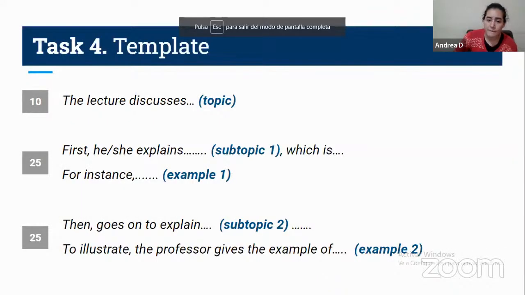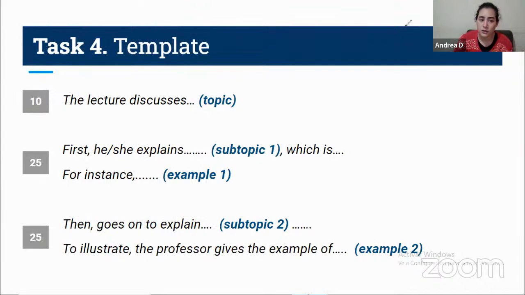So remember that you have 60 seconds, 1 minute, which is not a lot. In the beginning, we're going to have a short introduction. It's going to last no more than 10 seconds. It could be less, but at most 10 seconds. And then we're going to have the body, and the body is going to be divided into two: one for the first subtopic and the other one for the second subtopic.